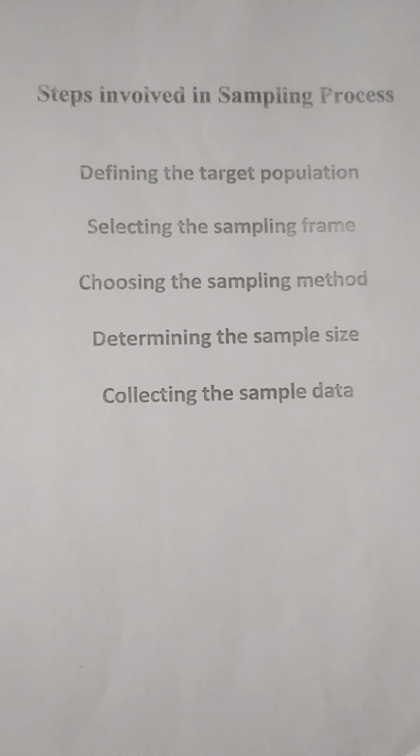If the population has a finite number of individuals or the items, then we call this a finite population. For example, suppose we have the 100 boys studying in class 10th of a school. Now, this population of 100 boys of that school of class 10th is our population. A population can also be infinite.